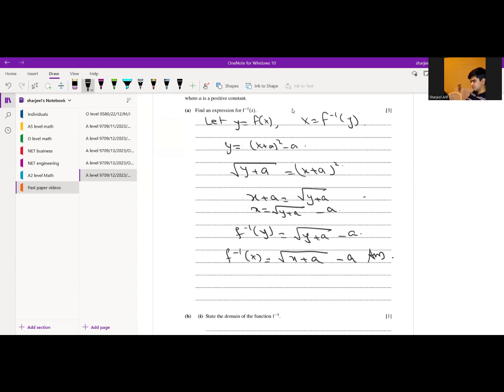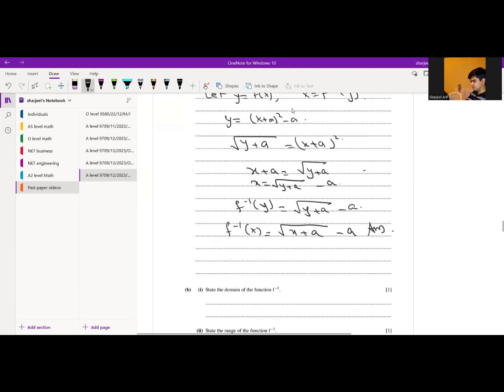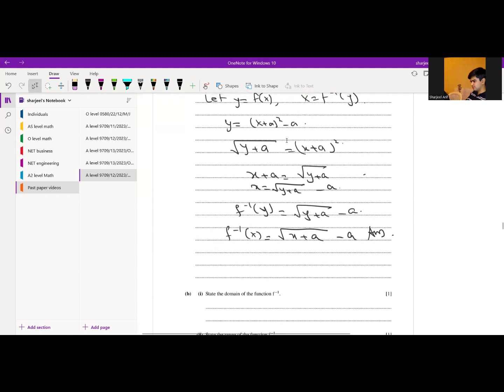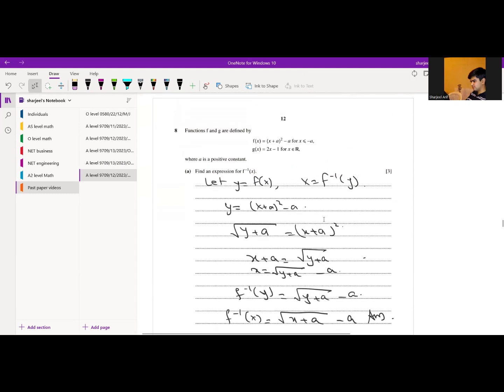For part B 1, we have to find the domain of the function f inverse of x. So the range of the main function, this part, should be equal to the domain of the inverse function.